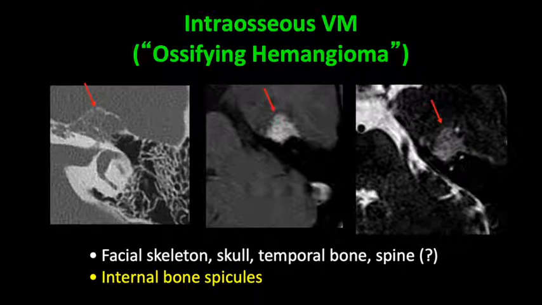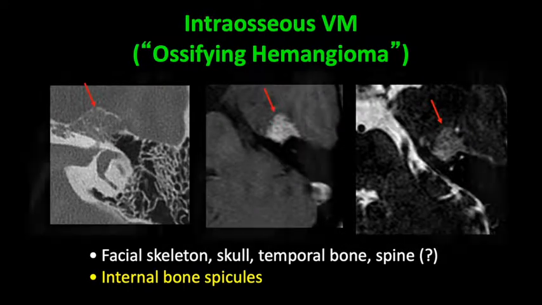We typically see an expansile lesion with a corduroy pattern and areas of calcification within it. It gives very bright contrast enhancement, and on both the post-contrast and the KISS image, you can see those little dots, those areas of signal void representing the internal bone spicules that are so common in this lesion.